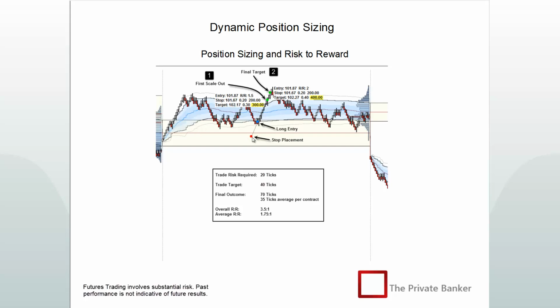So here's a setup where the market came down to the developing value low. There was clear absorption. Obviously I don't have that picture in this chart here, but there was clear absorption there. And it's a good rotational or destination type trade. So there was a swing high. It's covered with this text here, but there was a swing high here, and there were shorts that got in on this.